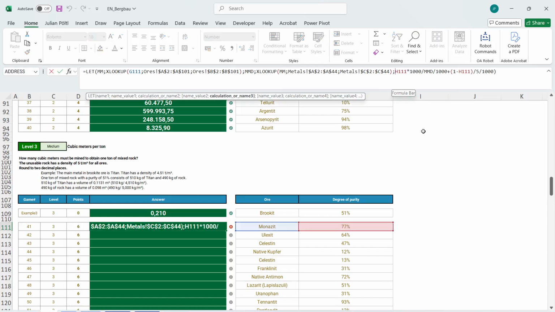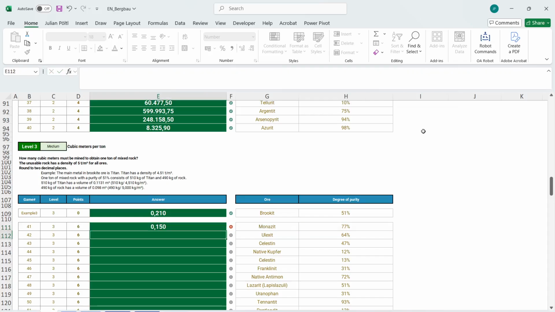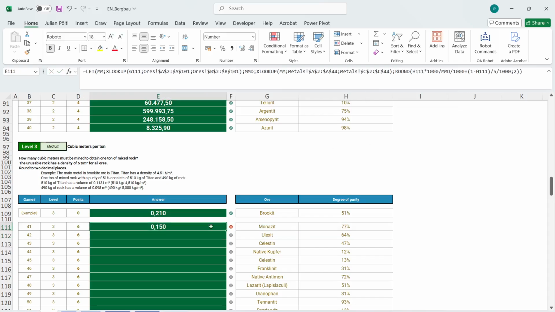Rounding. And still are strong. So let's debug this.